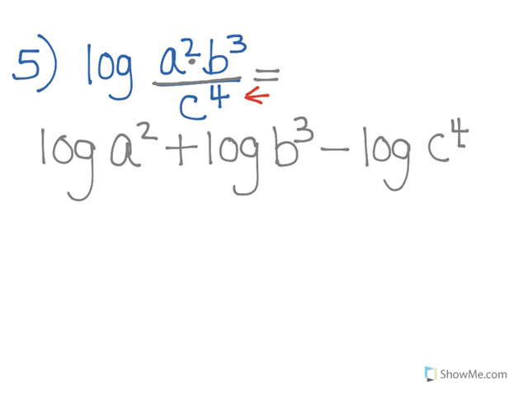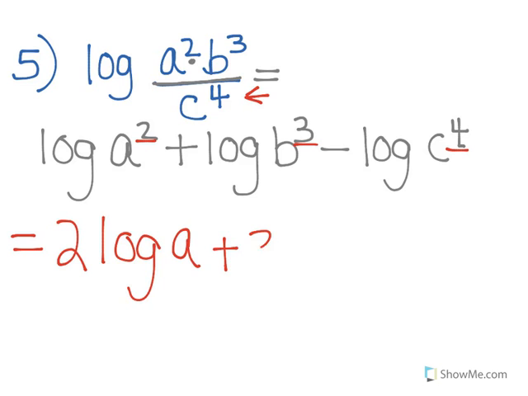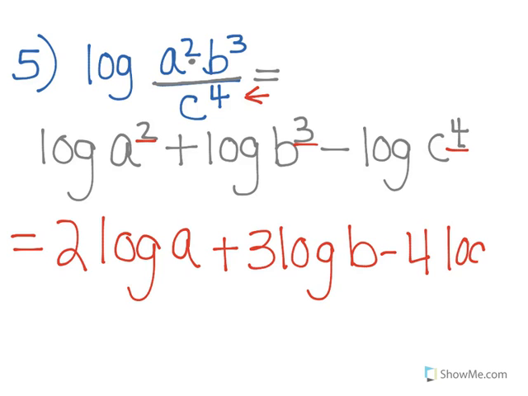And the last thing to check again is these powers right here. They're all going to fly down in front, so your final answer is going to be 2 log a plus 3 log b minus 4 log c.